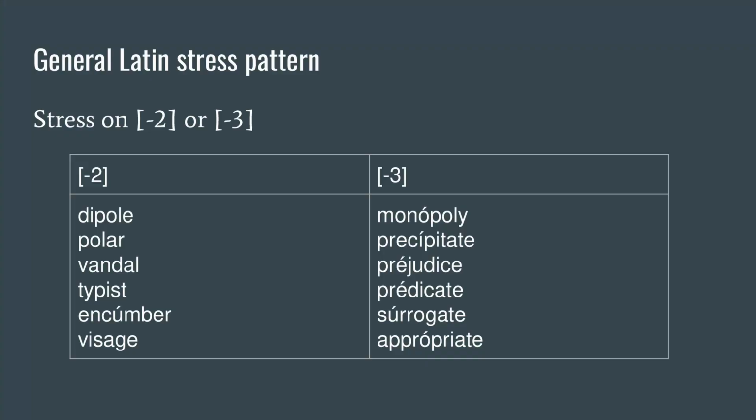So if you see a new word, and it's more of an academic, professional, technical word, and it doesn't fit the ICAL pattern or this I stem -2 pattern, if it doesn't have those endings, especially if it has two or more syllables, the general pattern in these words, which are often from Latin, sometimes from Greek but came from Greek through Latin into English, they often follow the -2, -3 pattern, which is this.